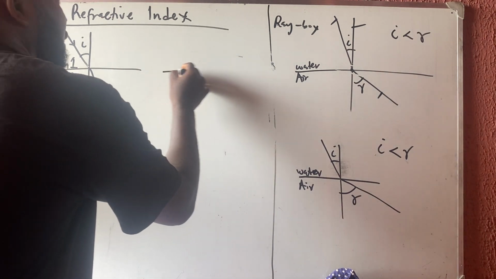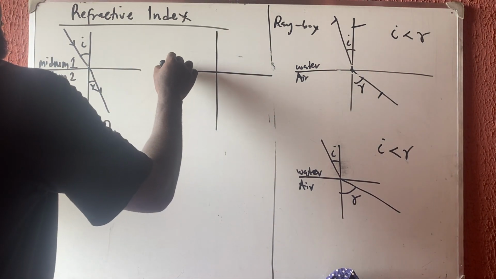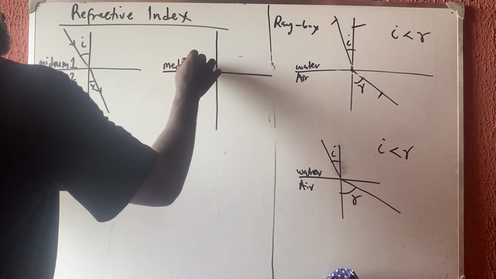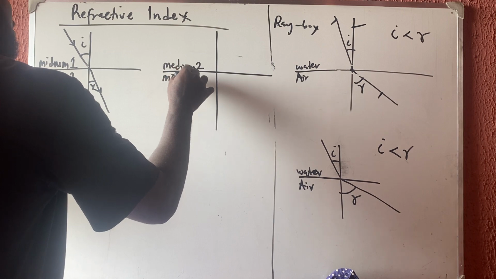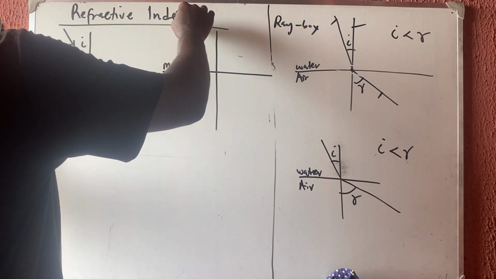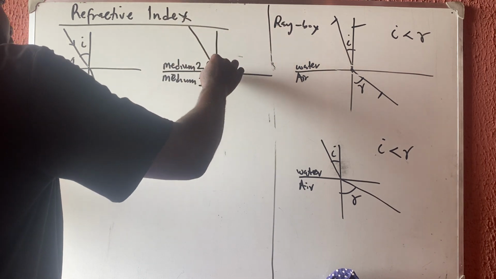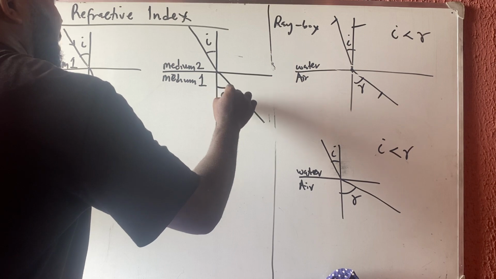Now let us interchange the media. Let's say that here is medium 2, and this is medium 1. I still have the same thing again: this one is coming this way, and this one is going this way. This is my i, and this is my r.